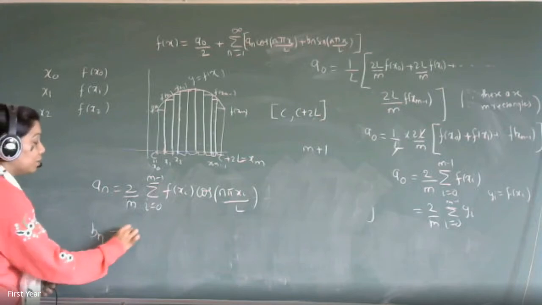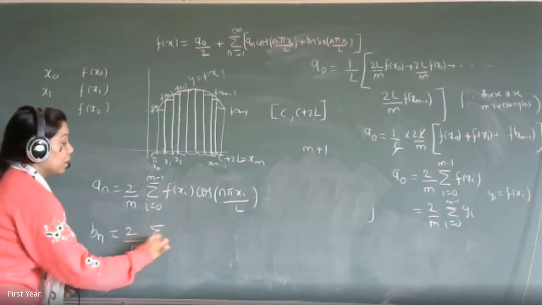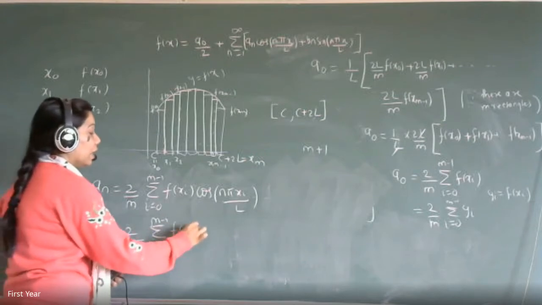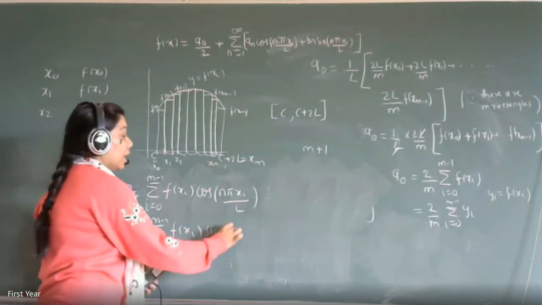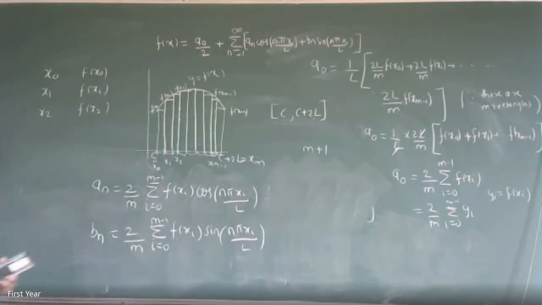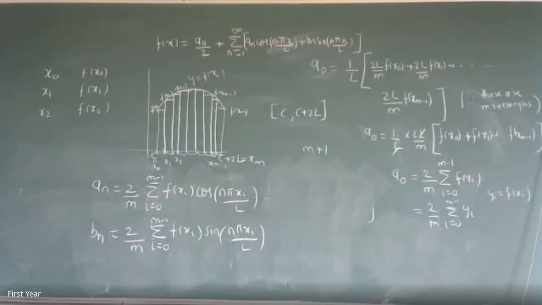And bn is equal to 2 by n summation i from 0 to n minus 1 f of xi sin of n pi xi by n. Is this okay? Clear to everyone? Yes, ma'am.